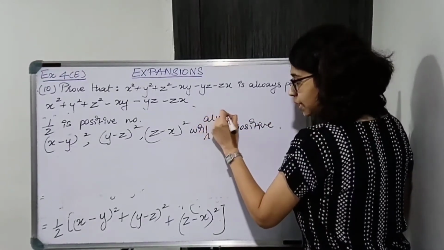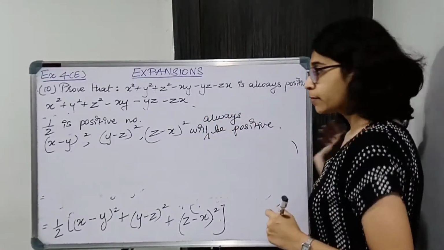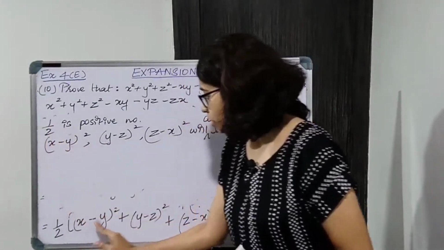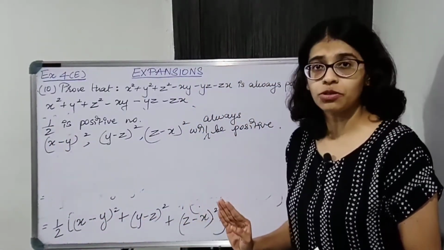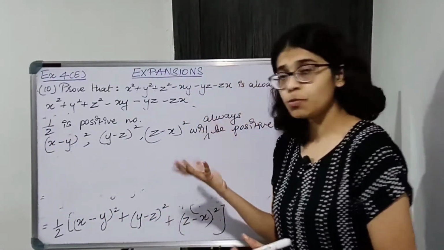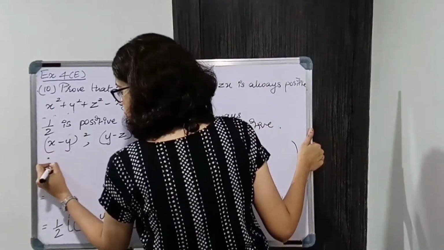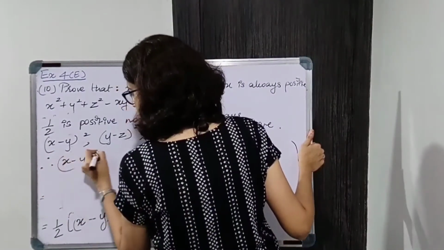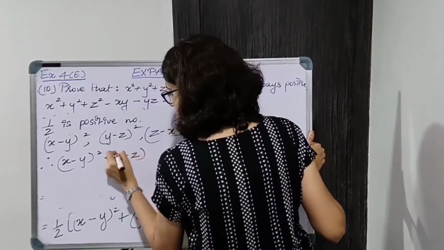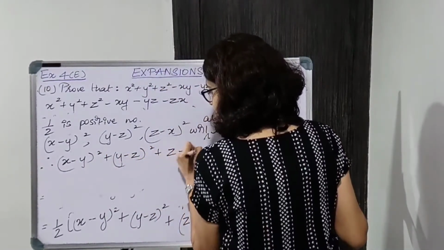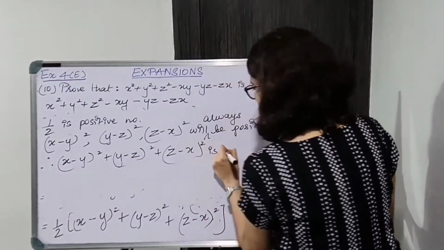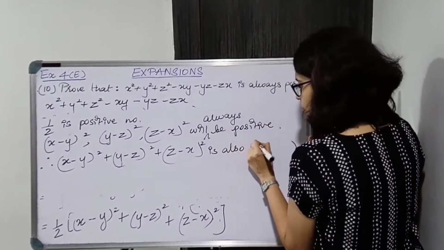Write down, will always be positive. So half is positive, this is positive, this is positive, this is positive. So the sum of this is also positive. Therefore x minus y the whole square plus y minus z the whole square plus z minus x the whole square is also positive.